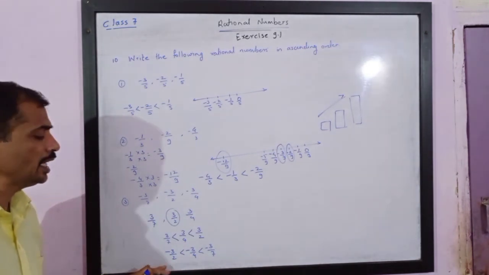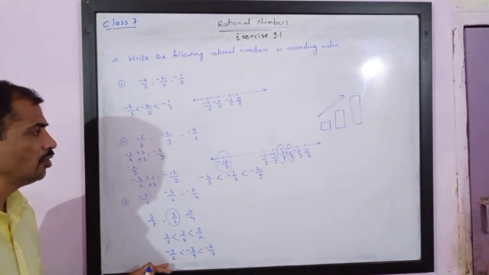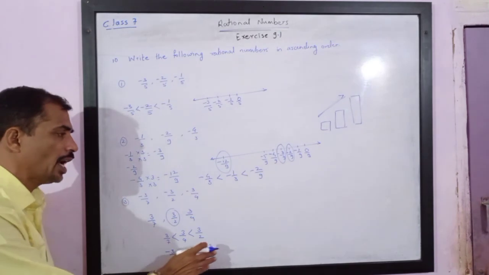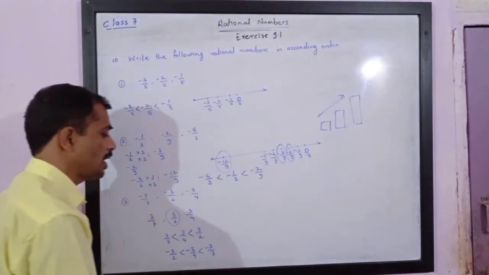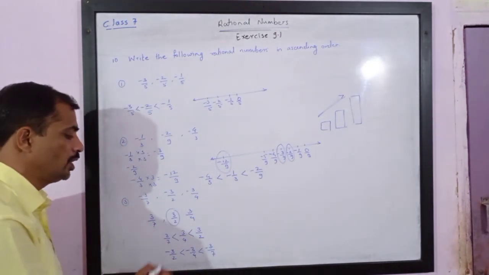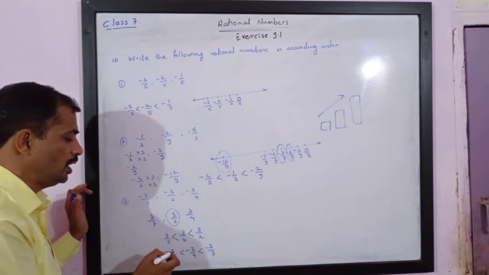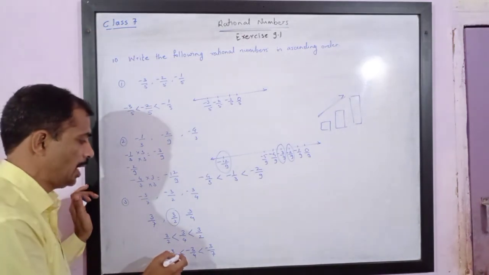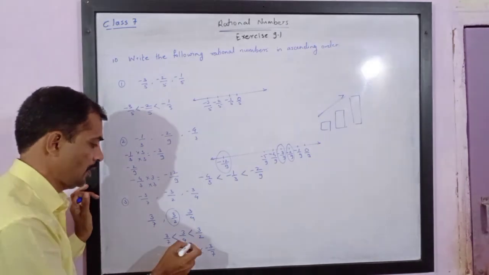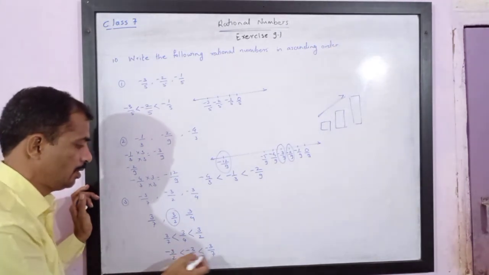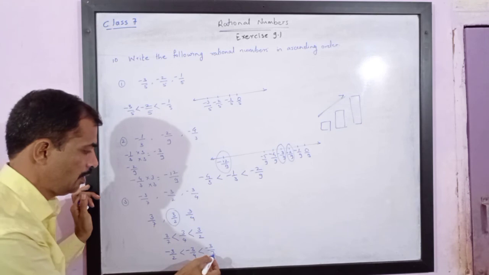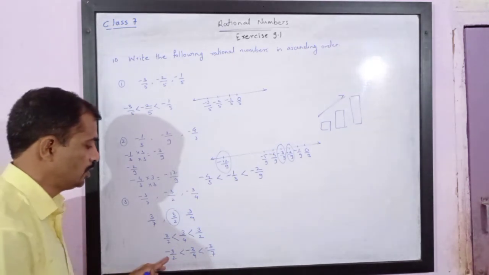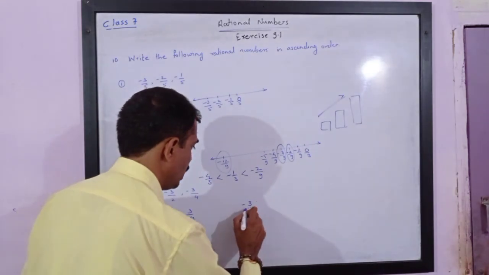If you take 14 as an LCM, then you will get this. To get 14 as LCM, and if you plot it on the number line, you will understand that negative 3 upon 2 is smaller. So for this, we can multiply by 14. So if you multiply this by 7, you will get negative 3 upon 2.